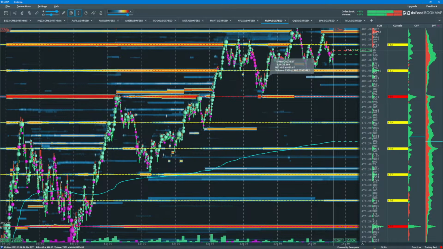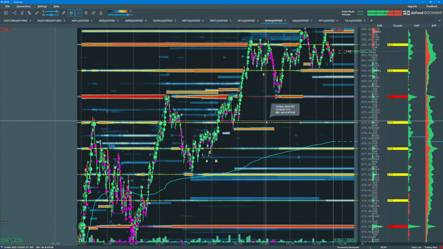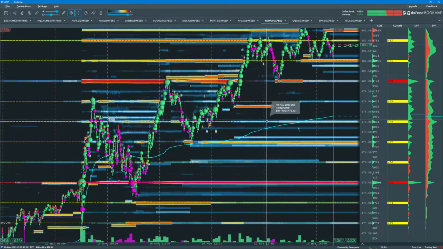All right, GPN asks, what is the app or website called? All right, so first of all, the software that I'm looking at is Bookmap. And this is order flow visualization. And then the website that I've been looking at is SpotGamma.